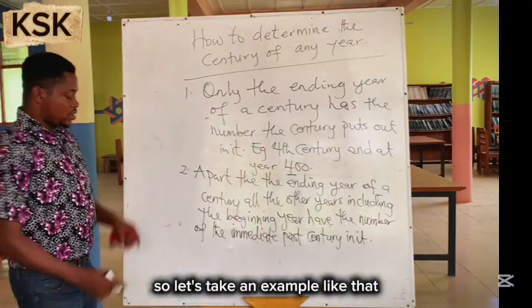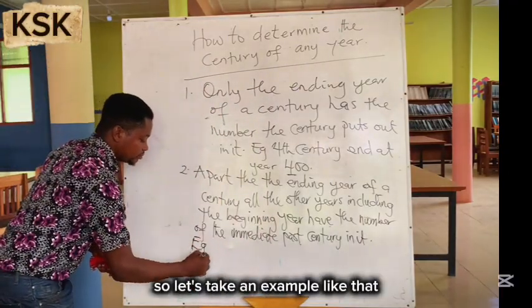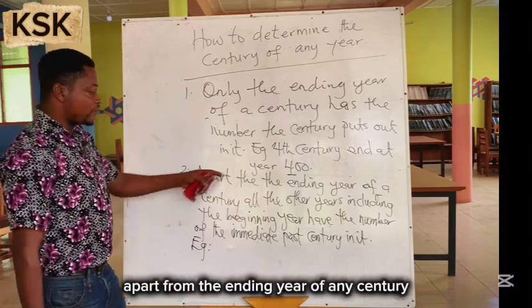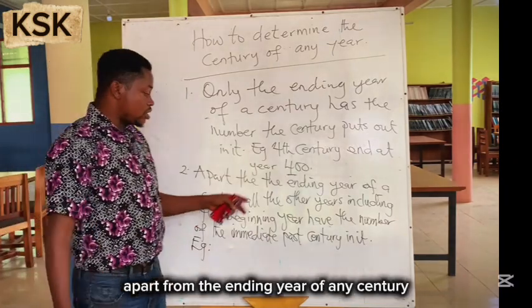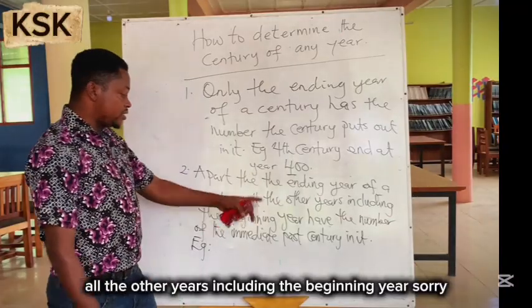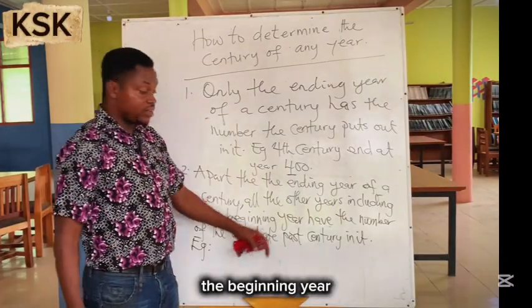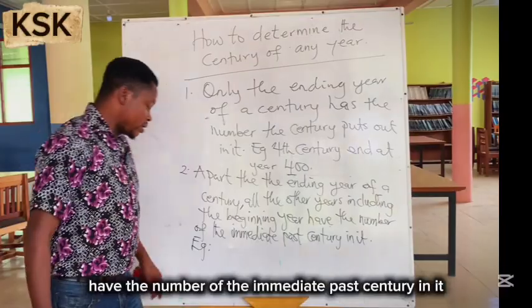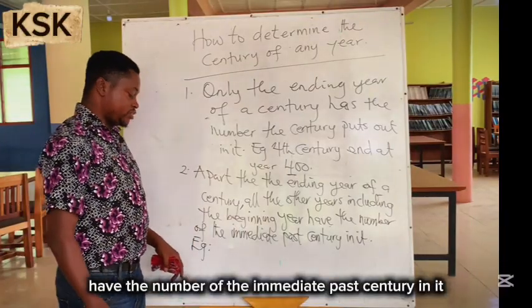So let's take an example like that. Let me repeat that. Apart from the ending year of any century, all the other years, including the beginning year, have the number of the immediate past century in them.